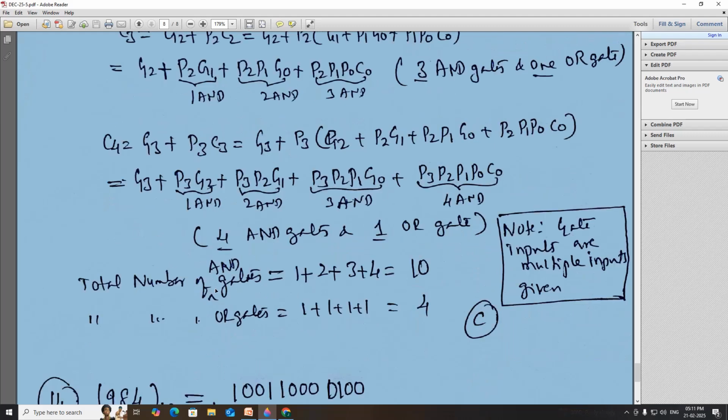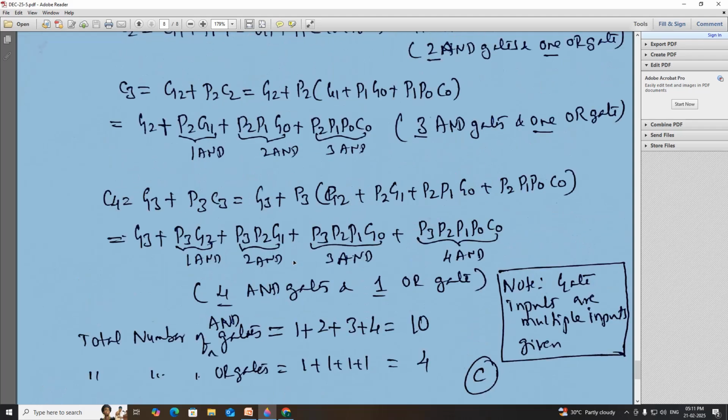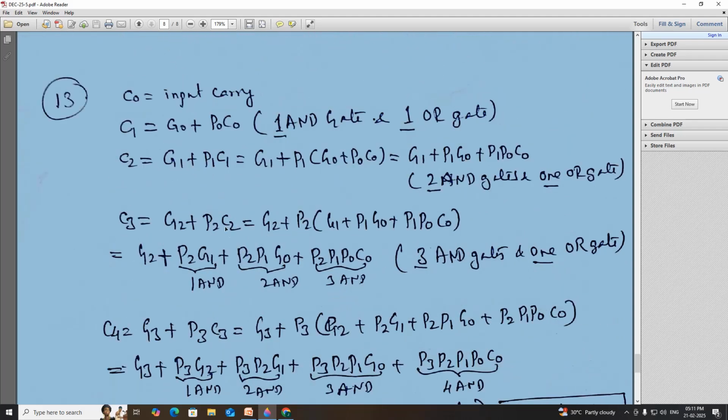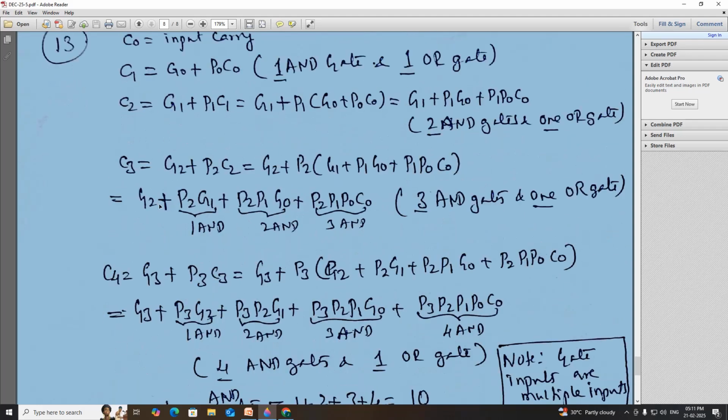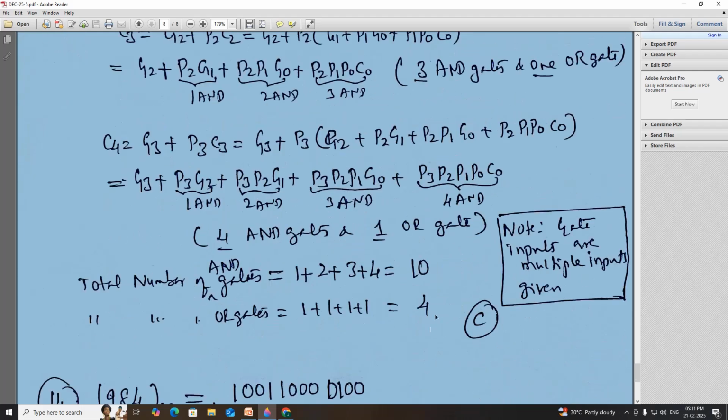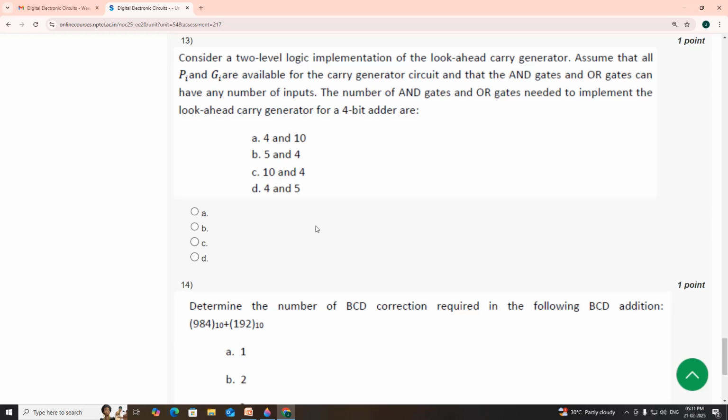So total number of AND gates is 1 plus 2 plus 3 plus 4, which is equal to 10. Total number of OR gates, for 4 carries, is equal to 4. So 10 and 4, option C.